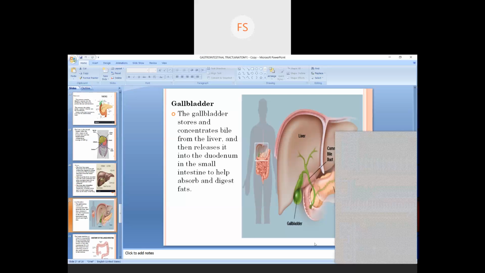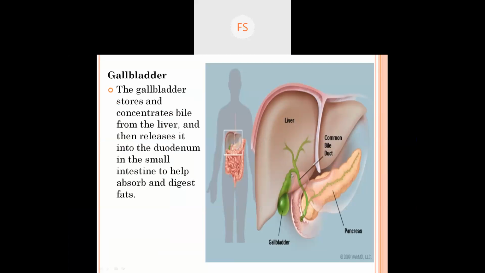Did you understand? The liver secretes bile.